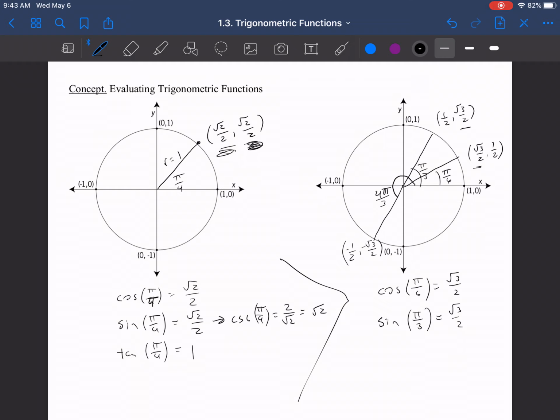What is the tangent of 4 pi over 3? Well, that's going to be the y value, negative square root of 3 over 2, divided by the x value, negative 1/2. The negatives cancel. Square root of 3 over 2 divided by 1/2 is square root of 3 over 2 times 2, so the 2's will cancel, and you're ultimately left with just square root of 3.